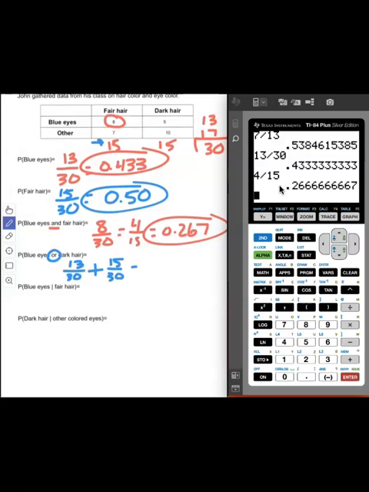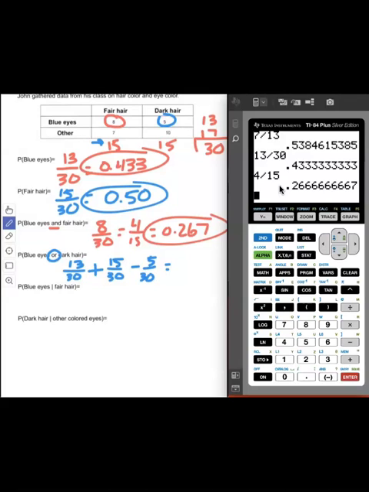So the blue eyes or dark hair, when you look at that one, we have to look at how many people with blue eyes had dark hair. That's right here. Those are the people that had both. So we counted those 5 people twice, so we're going to take them back out.